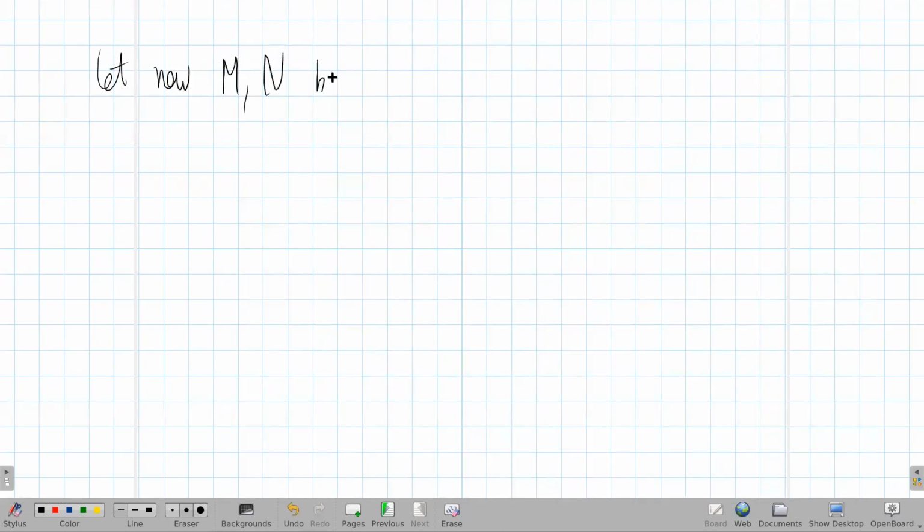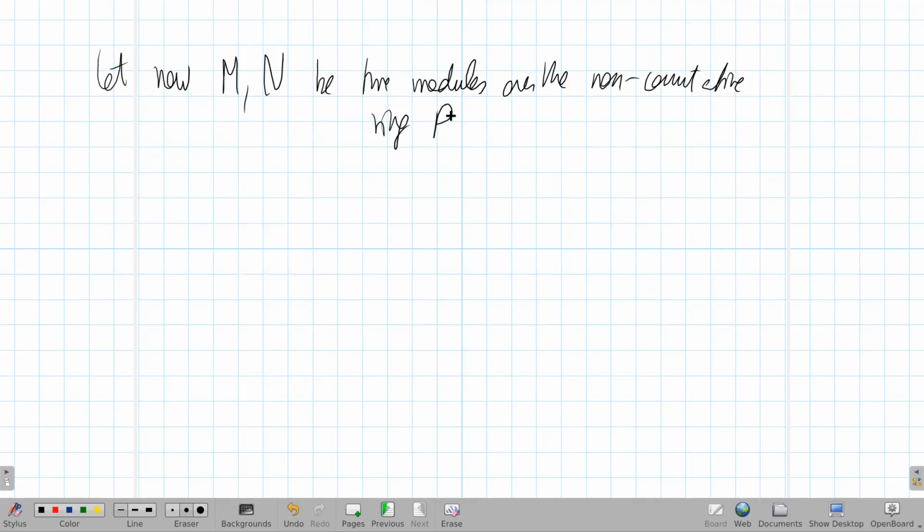M and N be two modules over the, let's say, possibly non-commutative ring R. My rings always have unity, although I'm not sure whether this is necessary. And then we have a problem, because suppose we can construct, oh, this is important, with two right modules, okay?